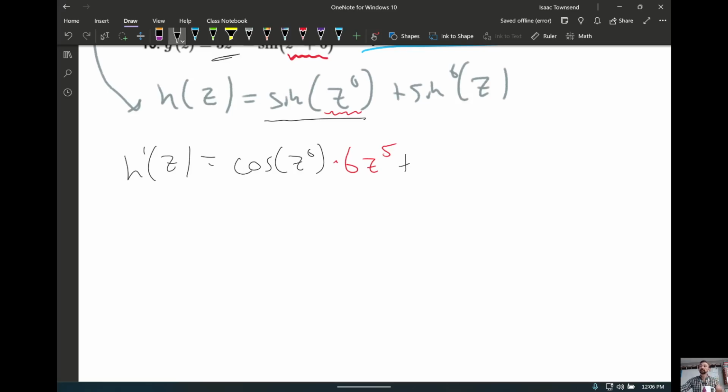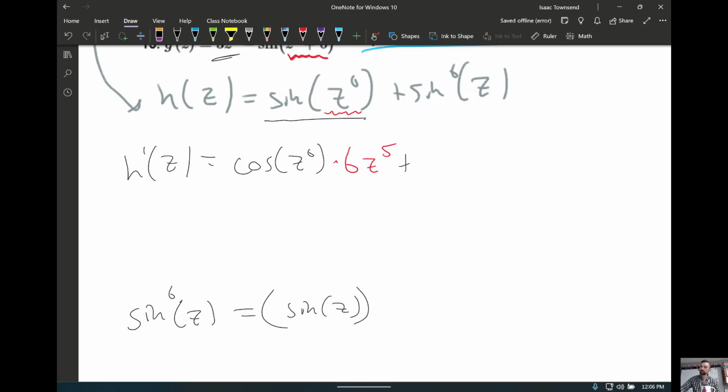But then this is what concerns me. And I know you guys are used to kind of seeing the trig exponents like this if you did pre-cal last year. But this, sine of z to the 6th, is the same thing as saying the sine of z all to the 6th power.